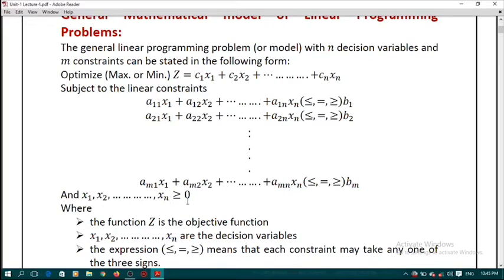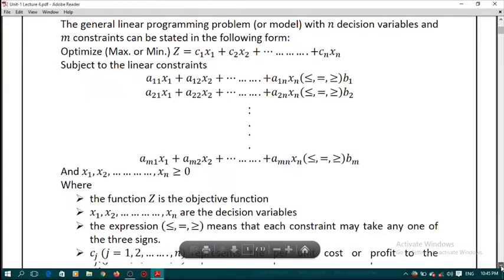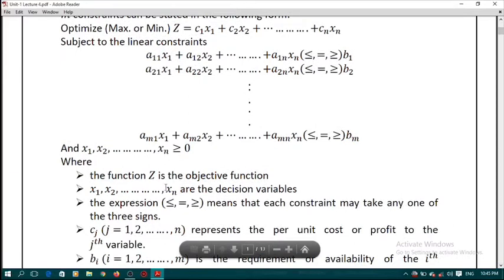So this is the non-negativity condition, where the function z is the objective function, and x1, x2 up to xn are the decision variables. The expression less or equal to, or greater or equal to, means that each constraint may take any one of the three signs.